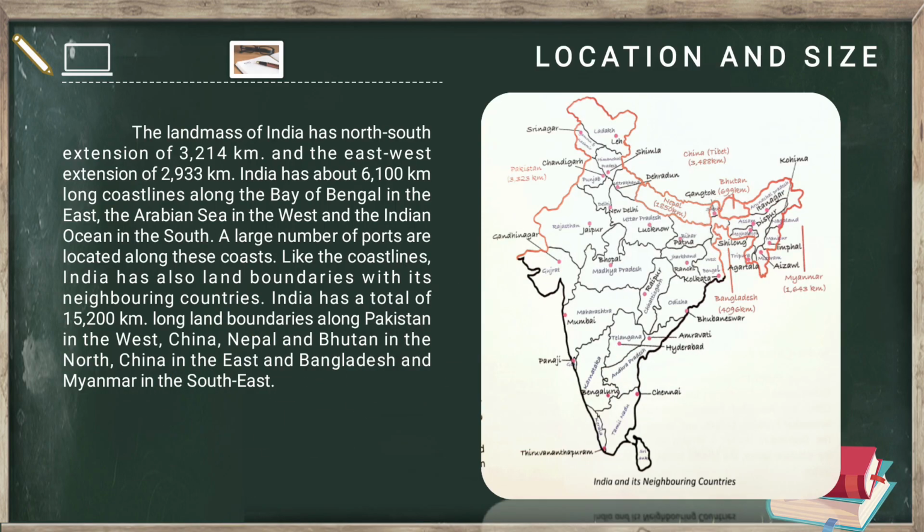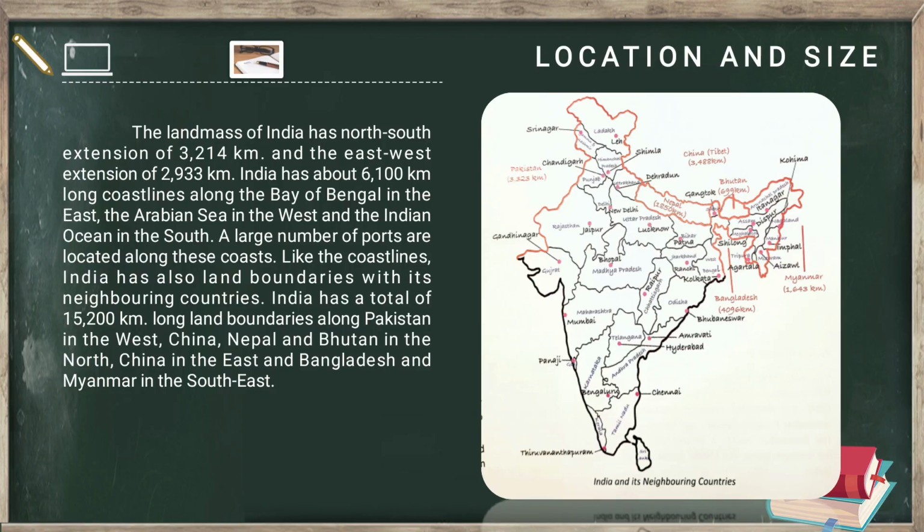This is one of the tricks that you can use to remember the north to south extension, that means the length of our country from the north portion to the southern portion. This is how much? 3,214 kilometer.